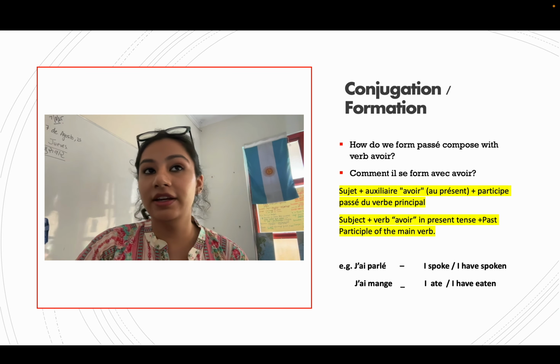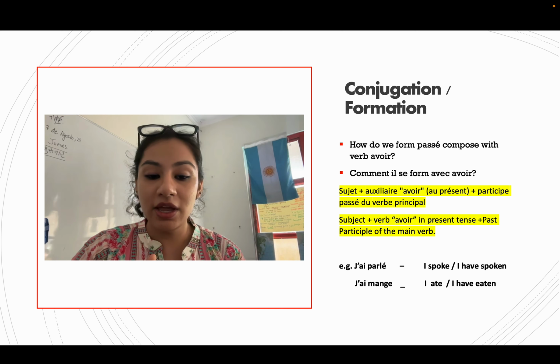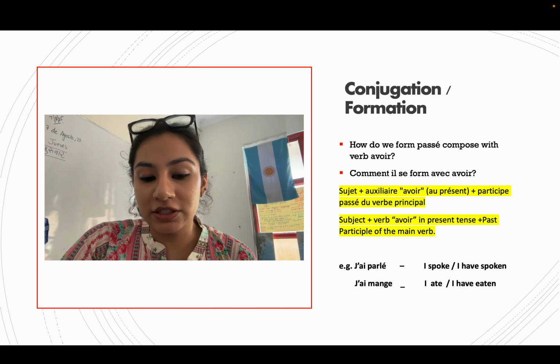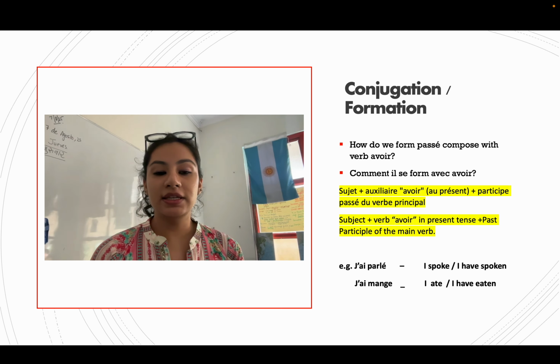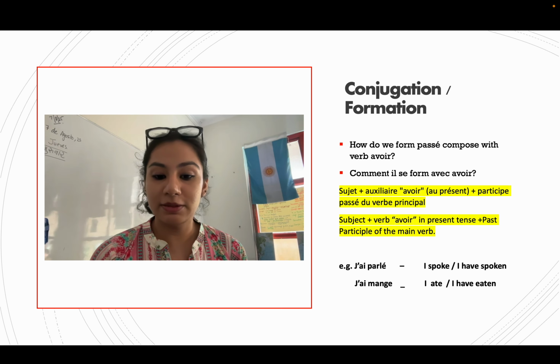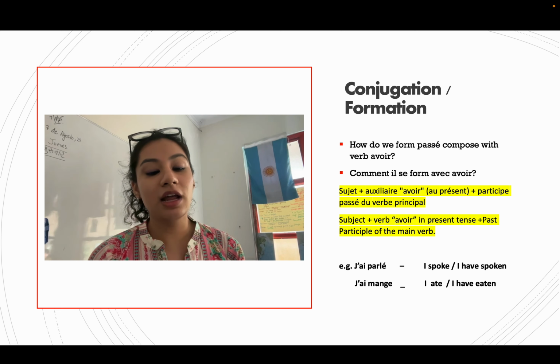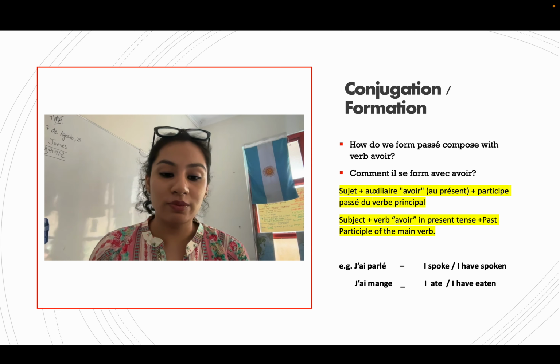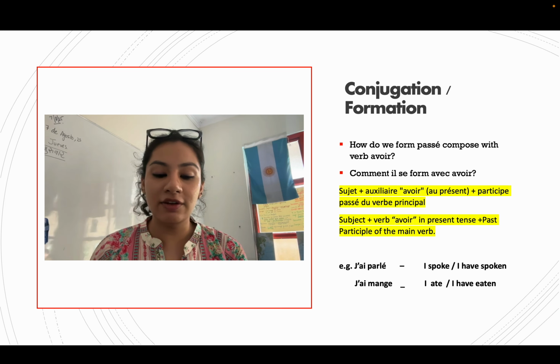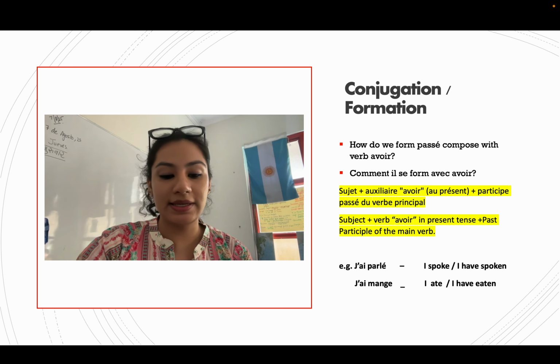You shouldn't forget, we have to make the participe passé of the main verb. The next question that will come to your mind is how do we make the participe passé? So let's learn how we make the participe passé in the regular form of the verbs, that is for er, ir, re ending verbs, regular verbs. Let's see.